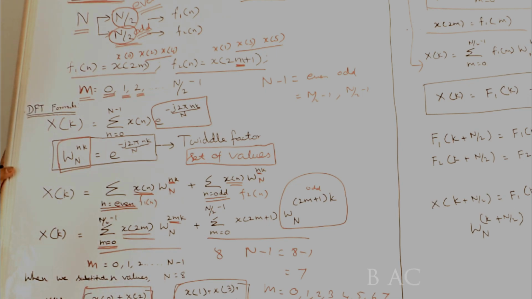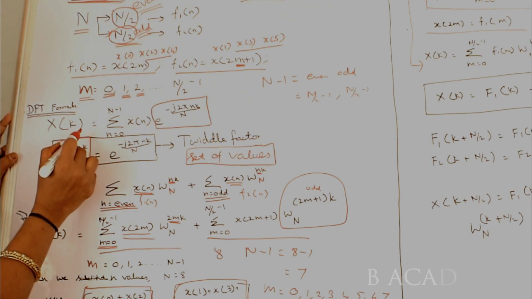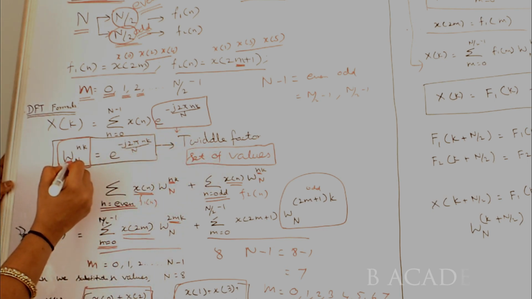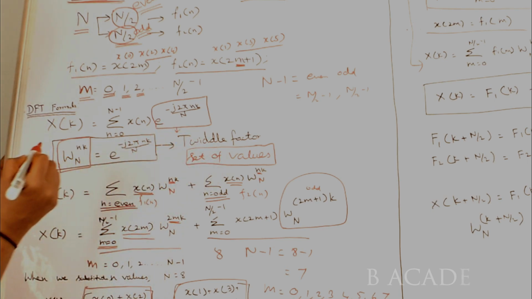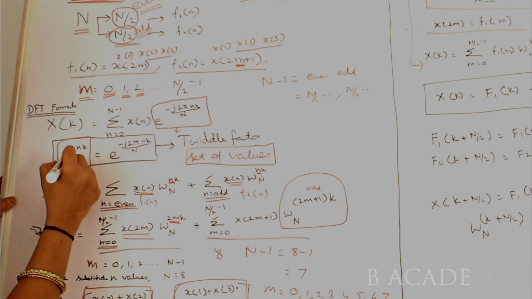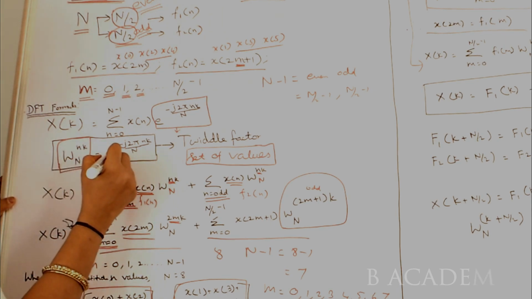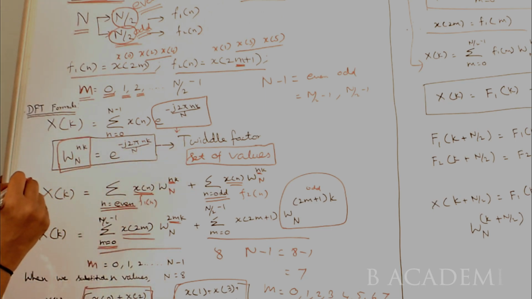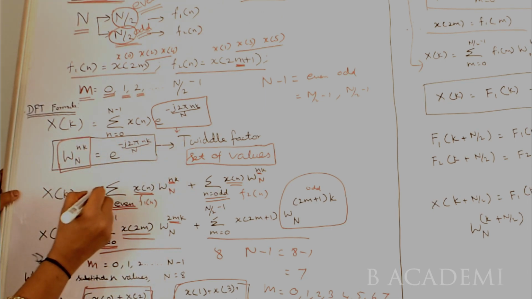And please don't get afraid by looking at this derivation. I will make you understand it in the simplest method. Okay. First you should write the DFT formula. In the DFT formula, instead of the e term you are introducing the twiddle factor. Okay. So twiddle factor W_N^nk is equal to e power minus j 2 pi nk divided by N. And X of k is equal to summation.